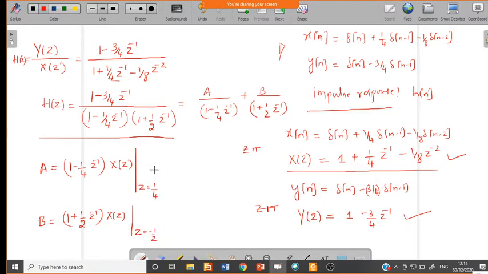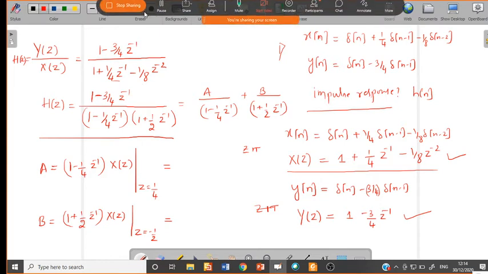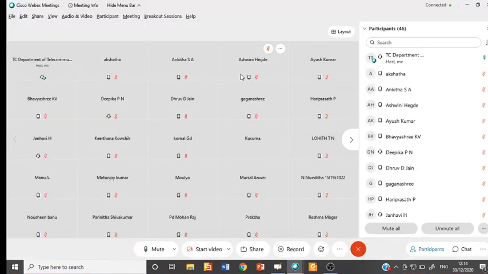Okay. So now tell me the values of A and B. Can anybody tell what are the values?